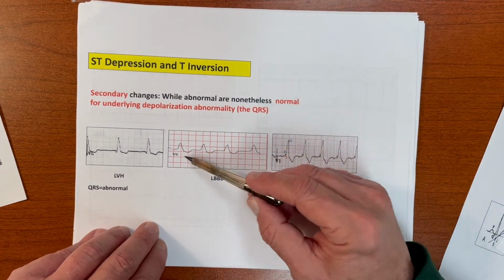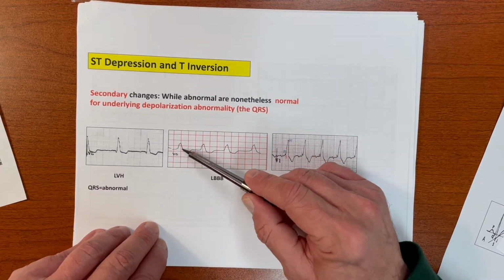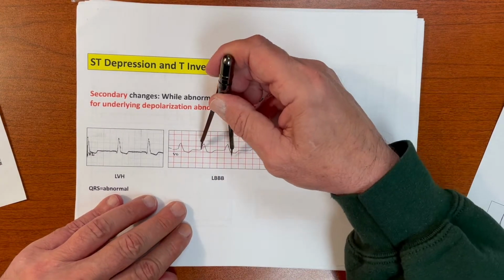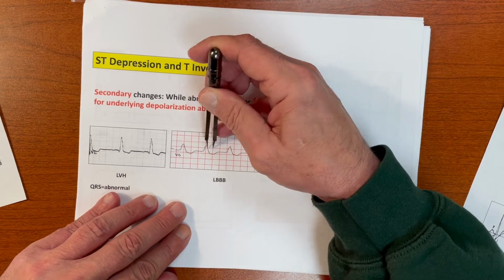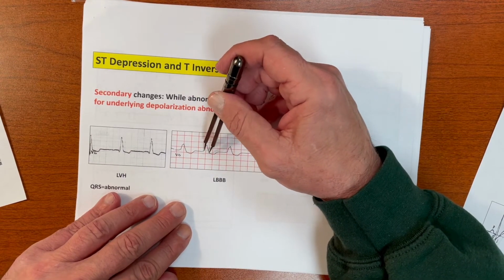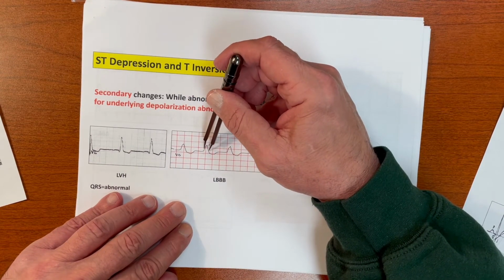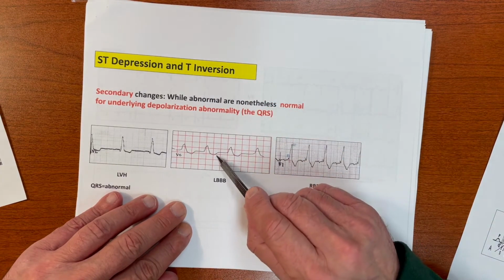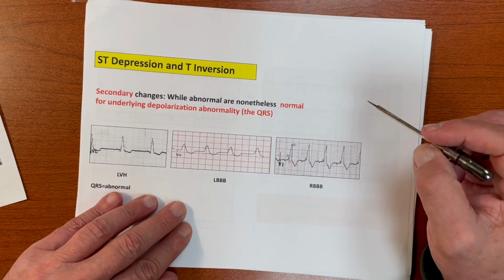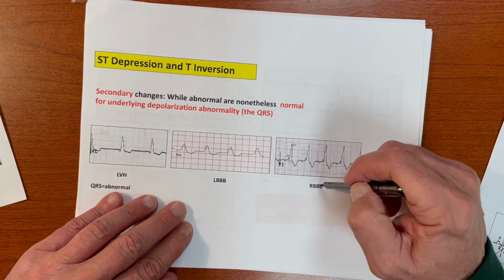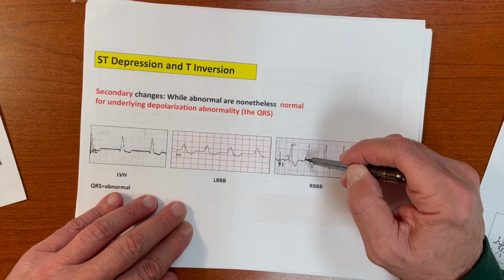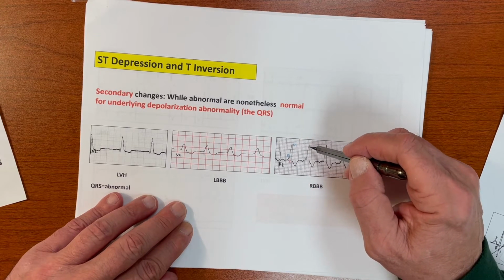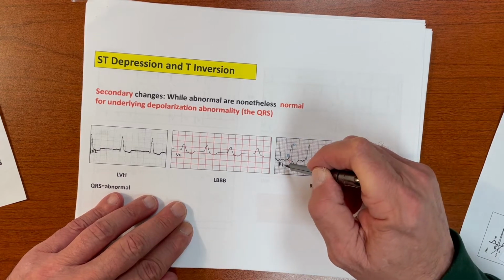Notice in left bundle branch block, we're looking at a leftward lead, V6. You notice how wide the QRS is. And notice in the lead where we have the change in depolarization, we have a secondary change in repolarization. The ST segment's down. Same with right bundle branch block. In right bundle branch block, the characteristic finding is rabbit ears, one rabbit ear, second rabbit ear, in V1.